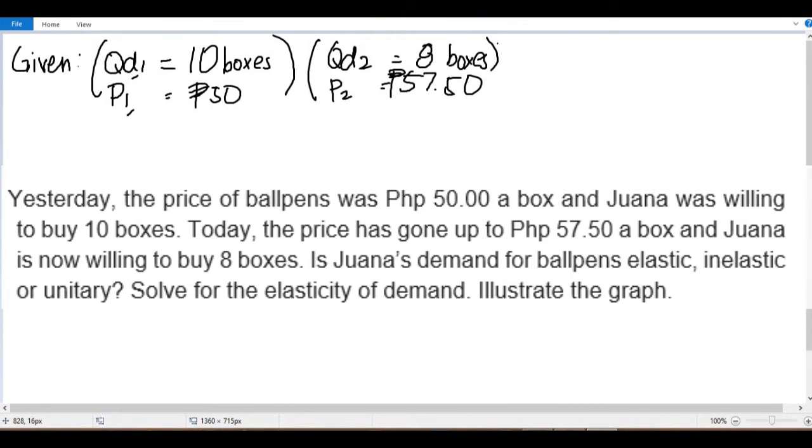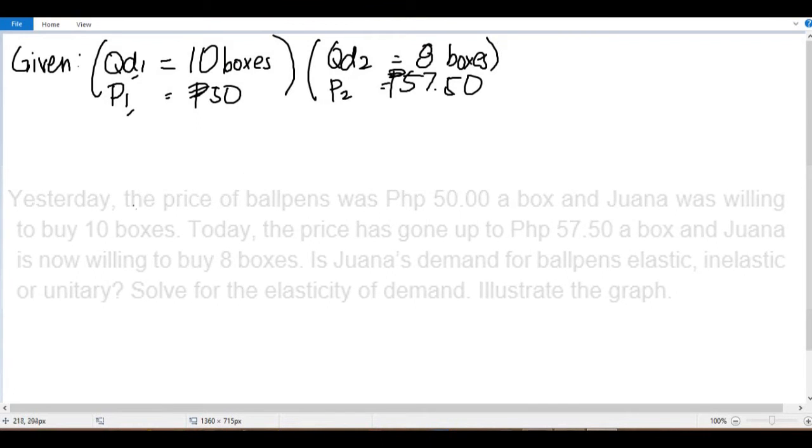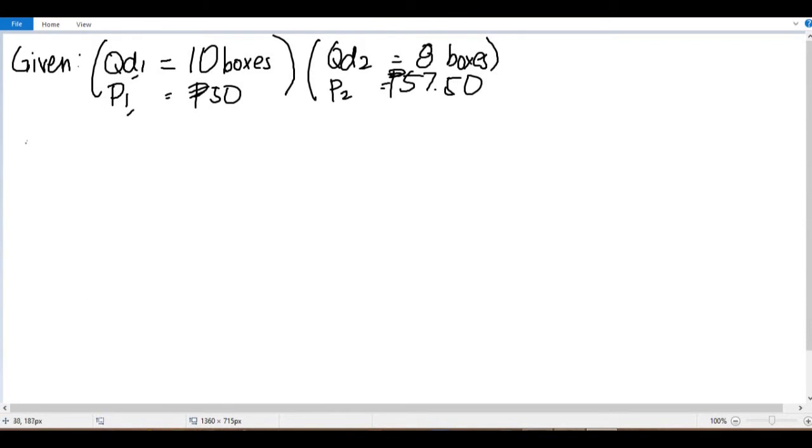Okay, so how do we compute? We use the formula. Sa mga students ko, I have given sa LMS namin the formula to be used. This is what I use in computing for elasticity kasi mas accurate siya kasi average yung ginagamit for the original price. Okay? Kasi nga naman, nagbabago ang price and quantity.